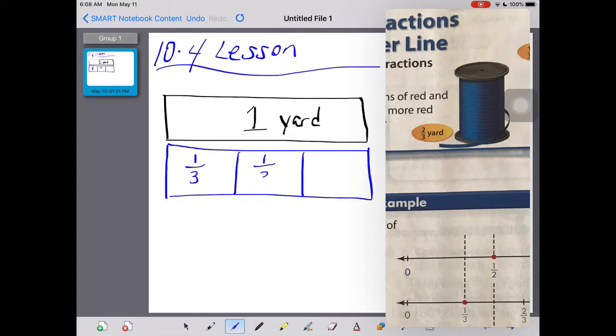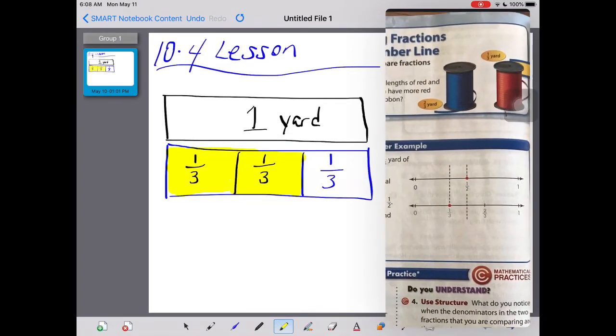This is 1/3, 1/3, and 1/3. And the numerator says 2. She has 2/3. So she has 1/3 plus 1 more third, right? That makes 2/3.